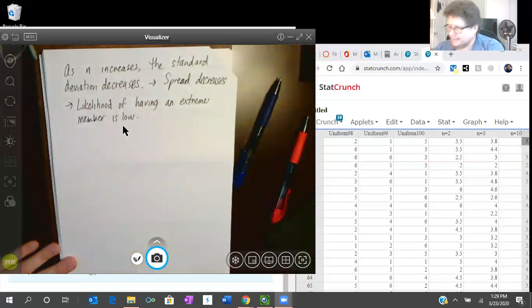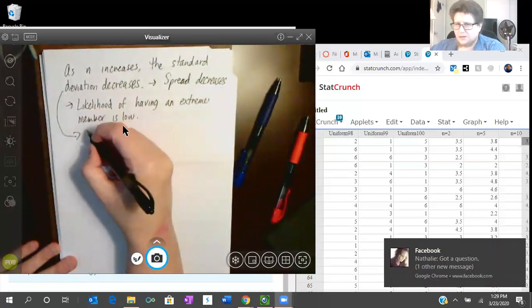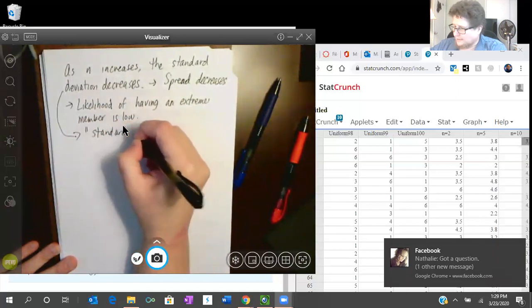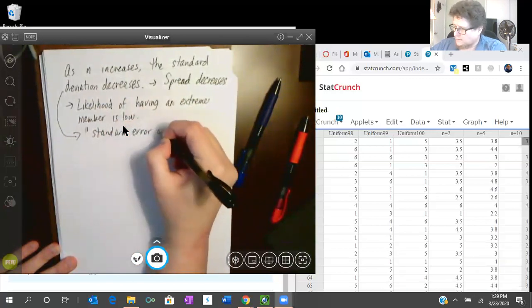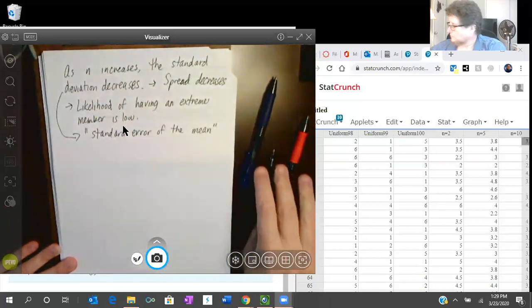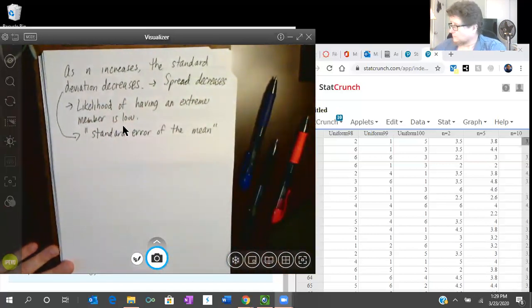This idea that the standard deviation, this is called the standard error of the mean.